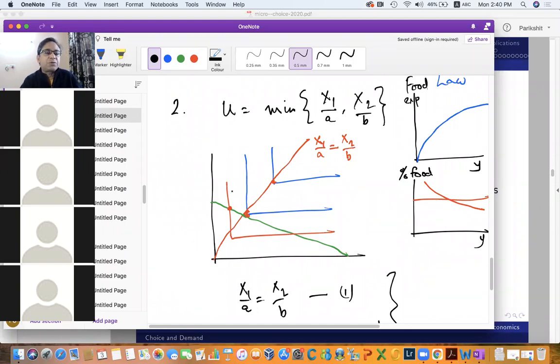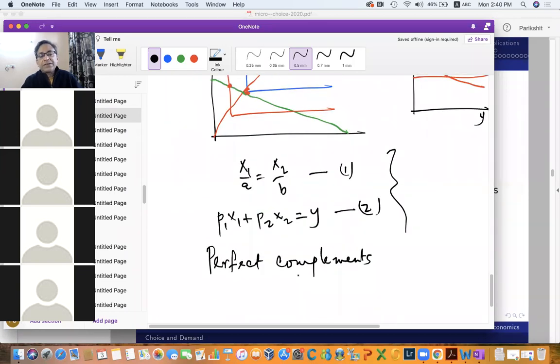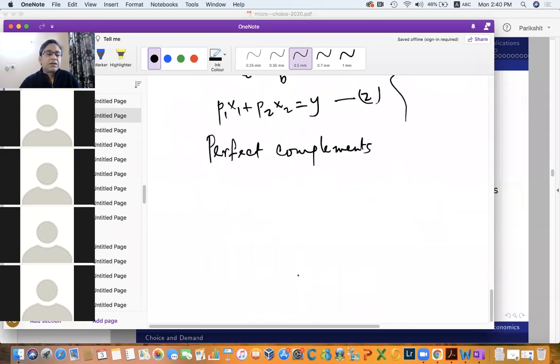That second left shoe is of no use to me because there's no right shoe to go with it. So that's the kind of thing that this is capturing, perfect complements. A third popular example is a utility function, which is u = ax1 + bx2.